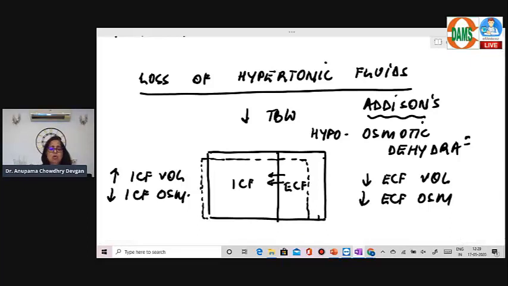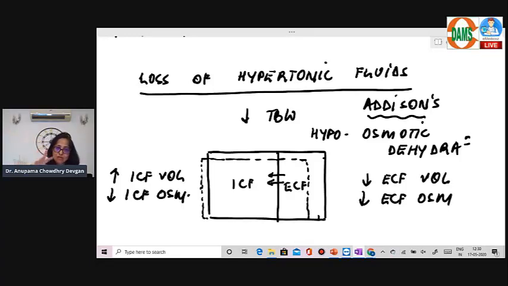Please remember, the only way to understand the DY diagram is keep those three basic principles in mind. Addition or loss of water will be first from the ECF. Whatever the changes in ECF osmolarity will determine the shift of fluid, either from ICF to ECF or ECF to ICF. And number three, shift of fluid will occur till the ECF and the ICF osmolarity is the same.